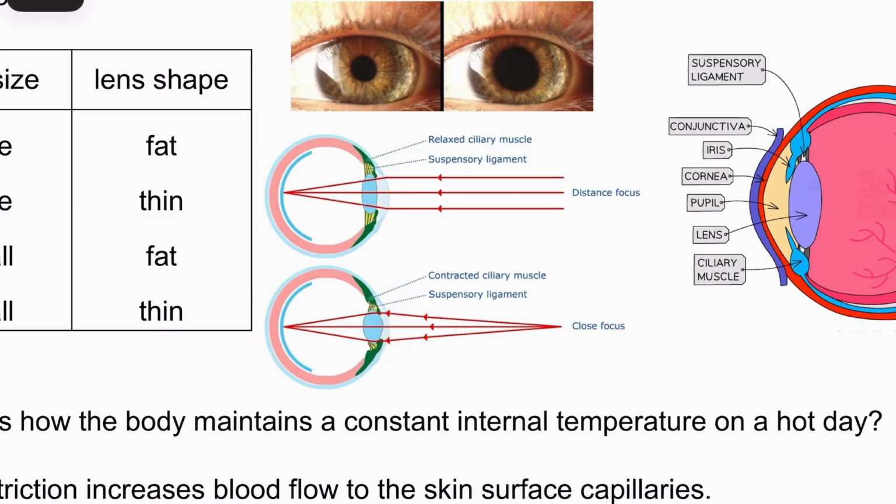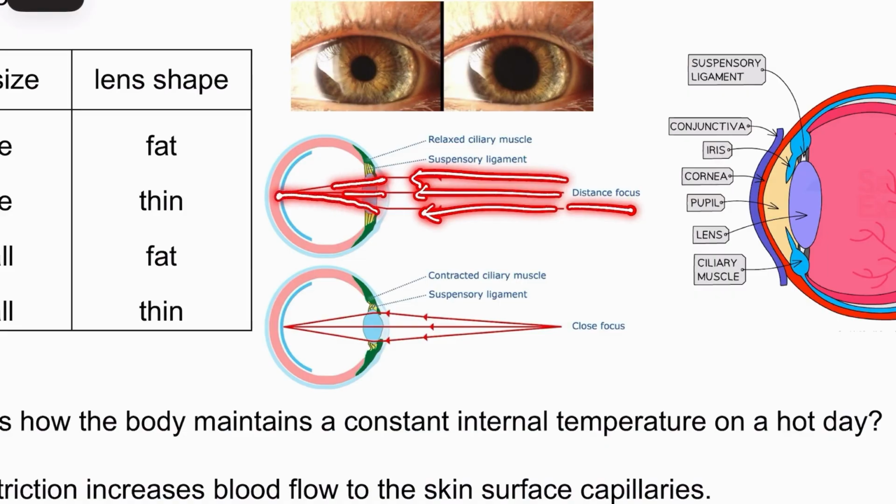So remember, guys, when the thing you're looking at is far away, like a tree in the far, far distance, the lens will be thin. And the reason for that is because when the object is far away, the light that bounces off the object will mostly be parallel lines. And therefore, when they enter the lens, they don't need to refract as much in order to be focused on the retina.